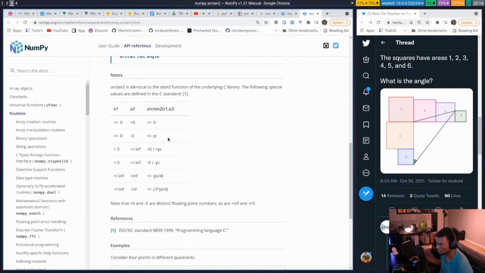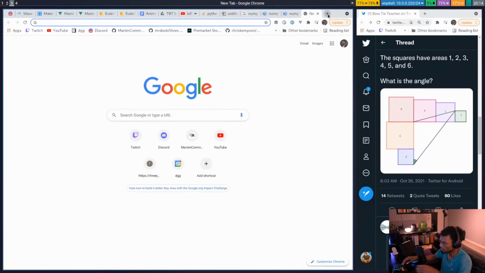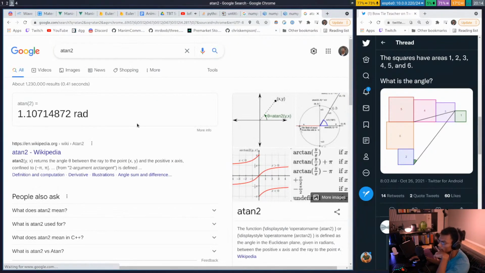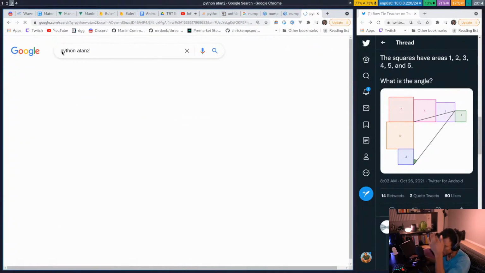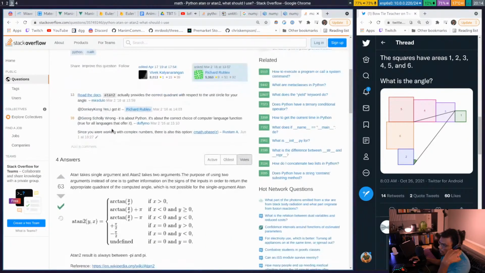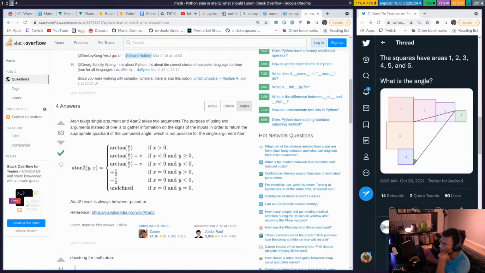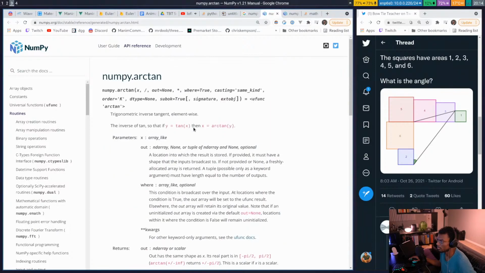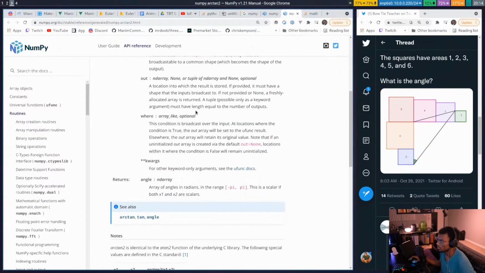I guess this can handle zeros. As if just typing that in would be helpful. It takes a single number. Atan2 takes two arguments. Okay, I think I do want arctan2. Yeah.